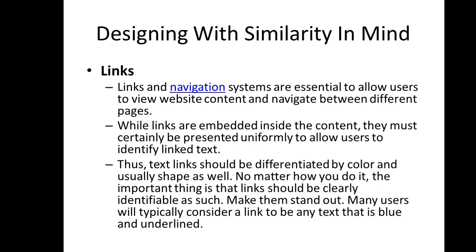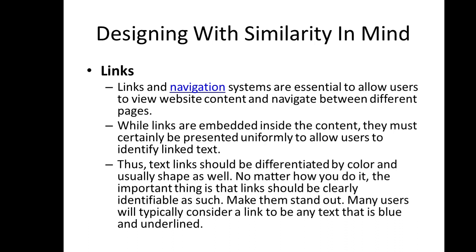Links and navigation systems are essential to allow users to view website contents and navigate between different pages. While links are embedded inside the content, they must be presented uniformly to allow users to identify linked text. So their presentation should be uniform so that the user can easily identify that it is a link, because links in your design should be similar.